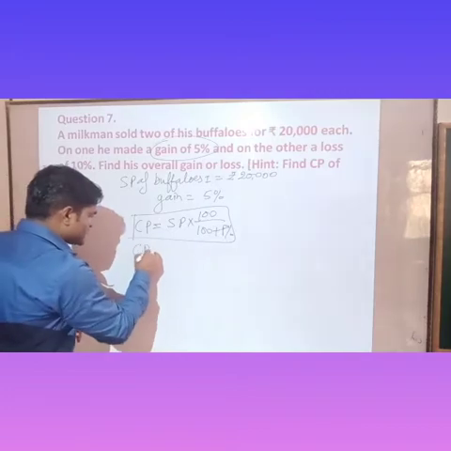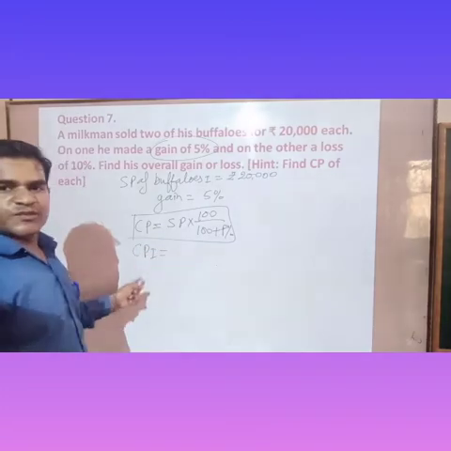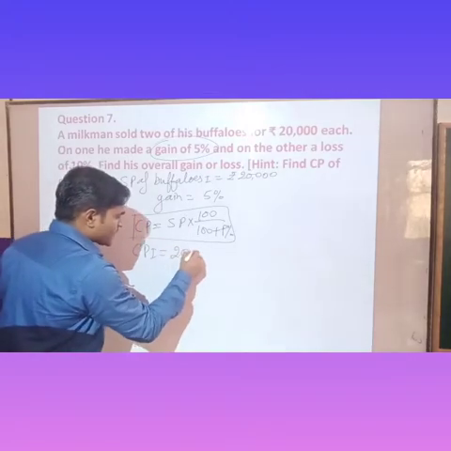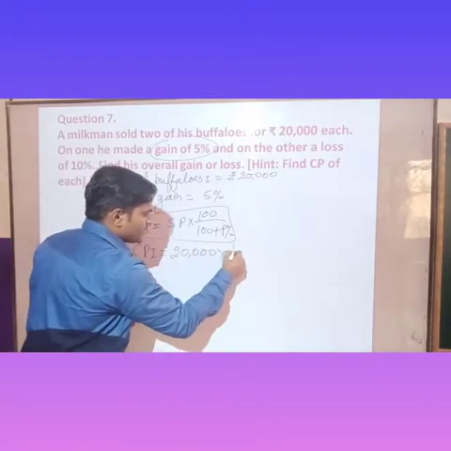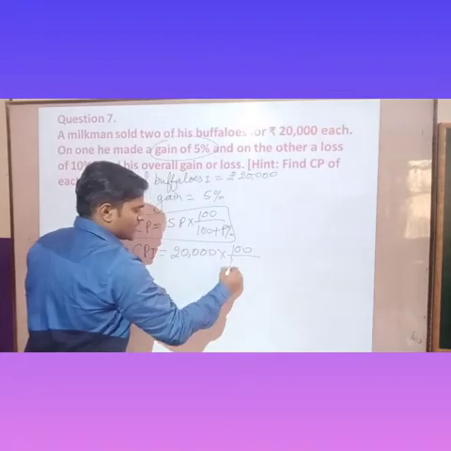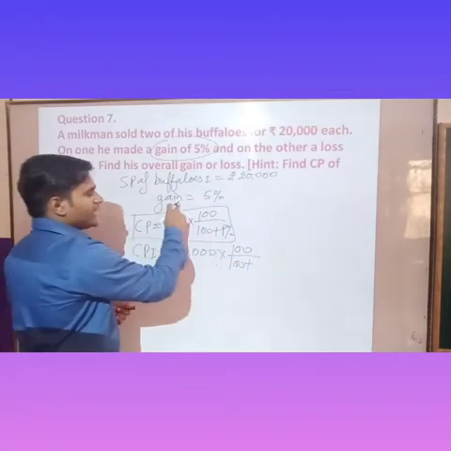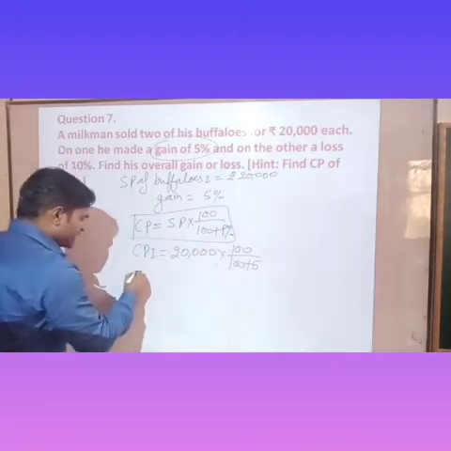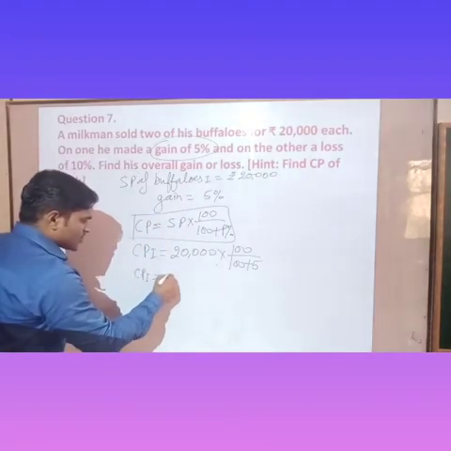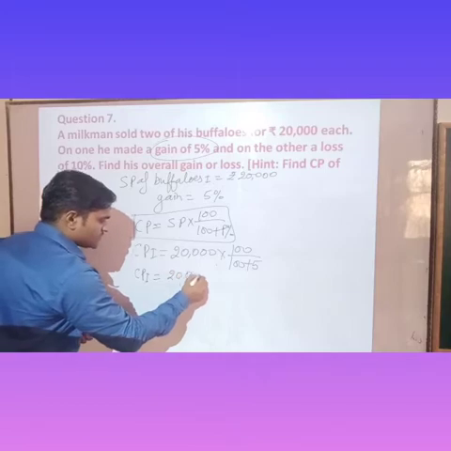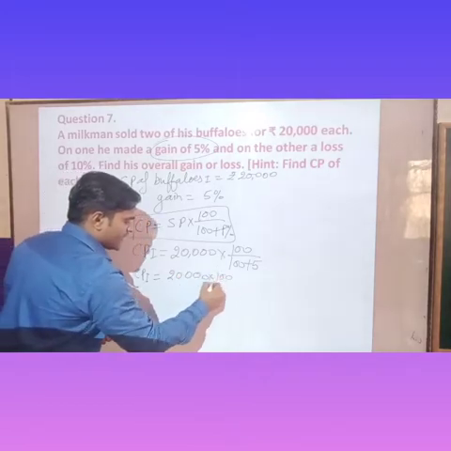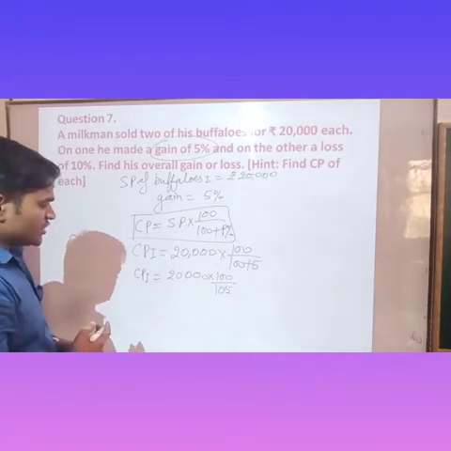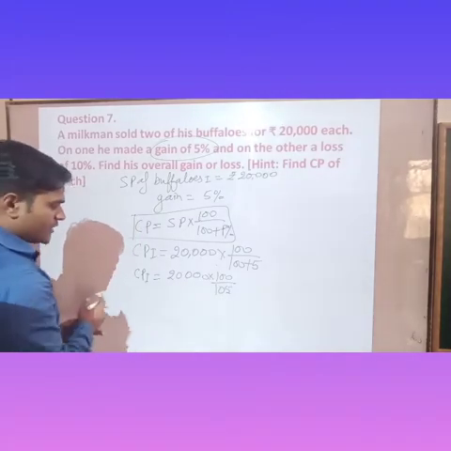So write CP of buffalo 1 is equal to SP, that is 20,000 into 100 upon 100 plus gain 5%, so 100 plus 5. So CP1 is equal to 20,000 multiplied by 100 upon 105.